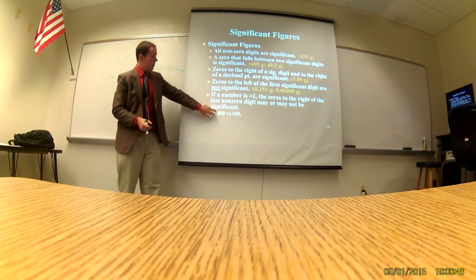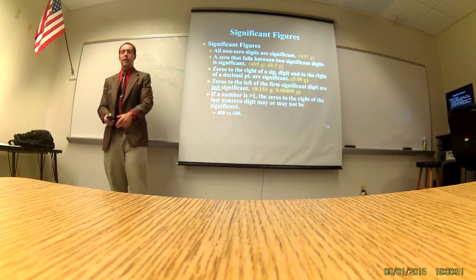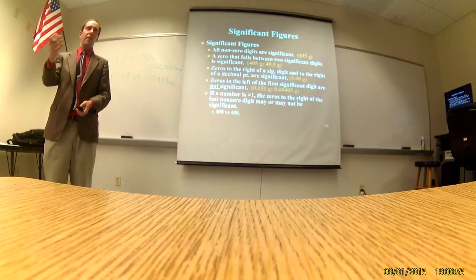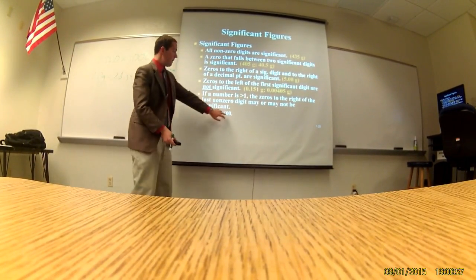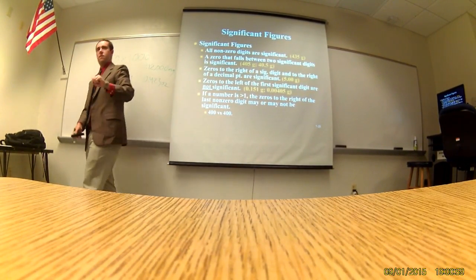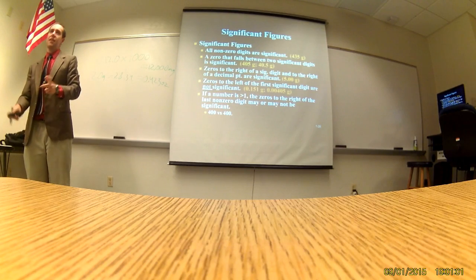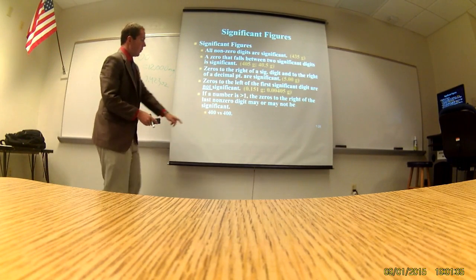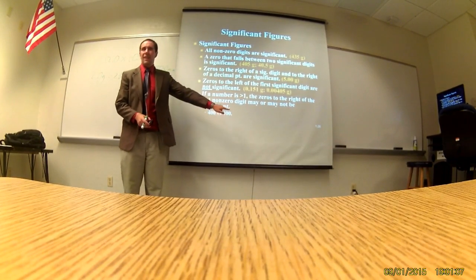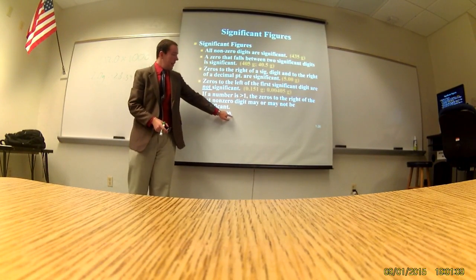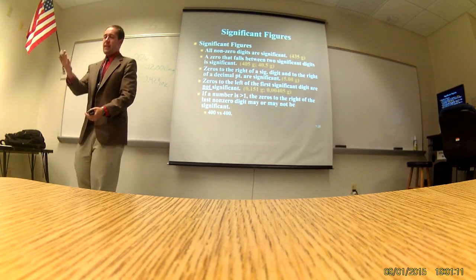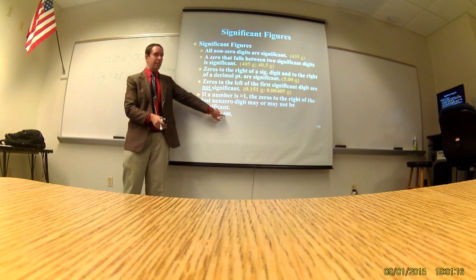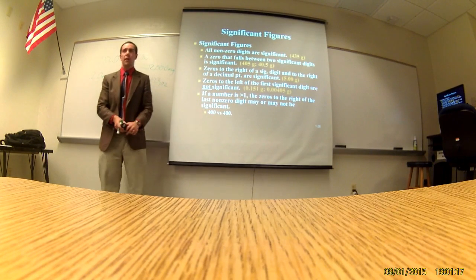How many significant figures do you think are in that 400? I heard 3 and 4. What about 400 point? When you have a decimal point like that, it is signifying to you that the zeros between the non-zero and the decimal point are significant.